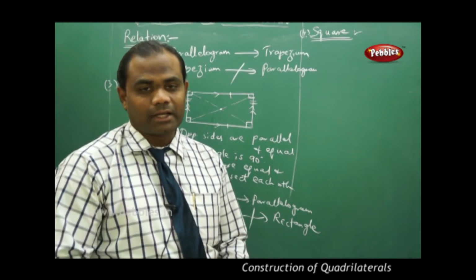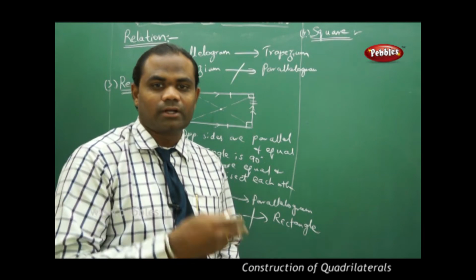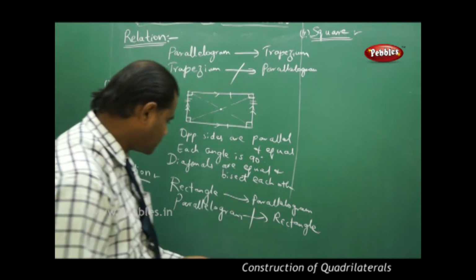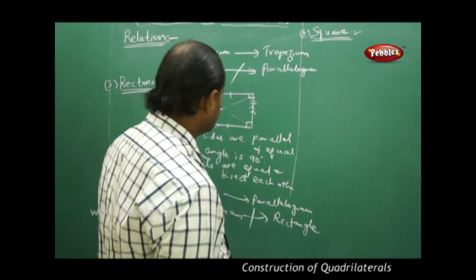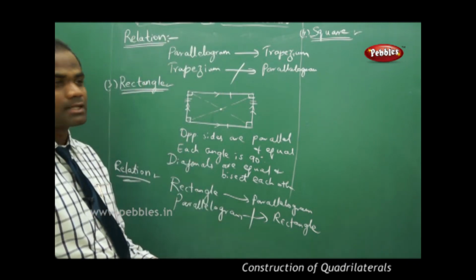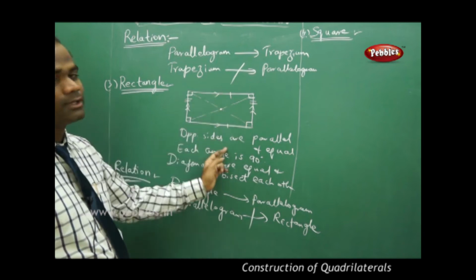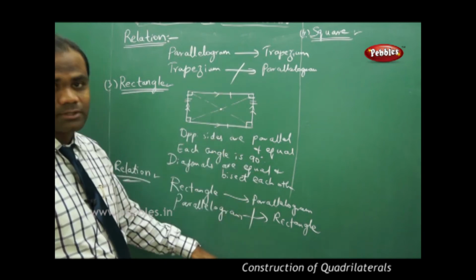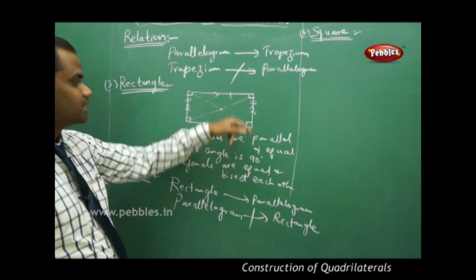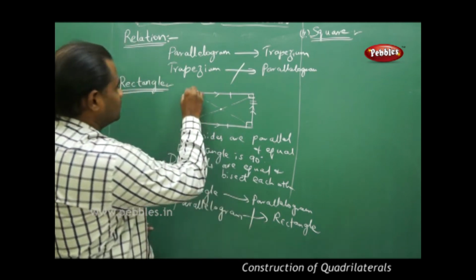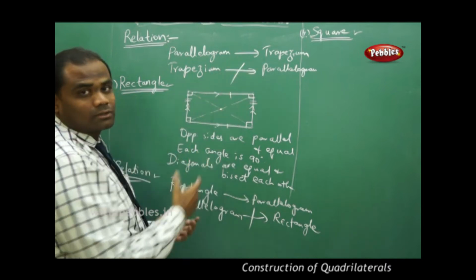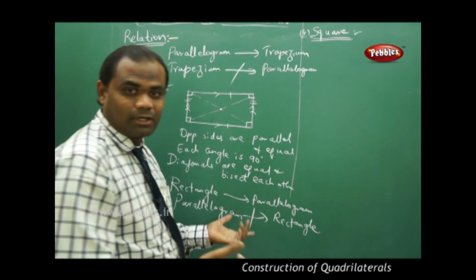So a rectangle is derived from a parallelogram, but a square is derived from a rectangle. So this is the continued process. The only difference between a rectangle and a square is that in a rectangle the opposite sides are equal, but the rest of the properties are the same, while in a square all sides are equal. So if a rectangle is to be converted into a square, each of its sides must be equal.